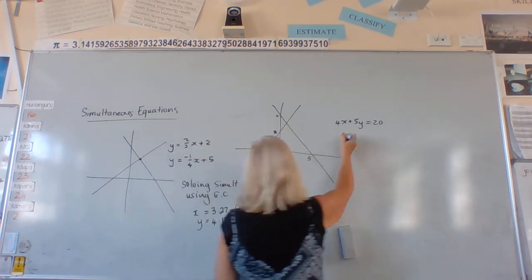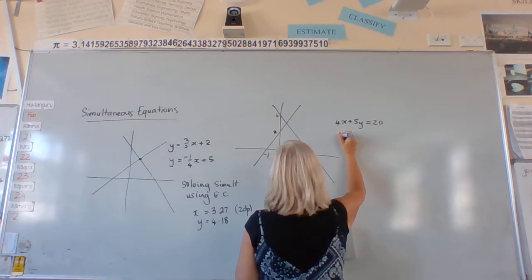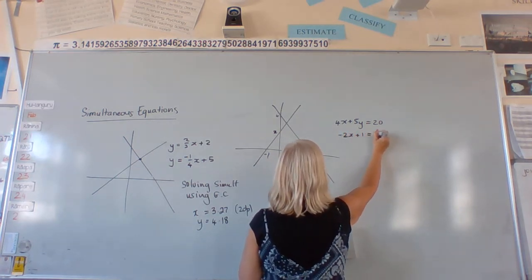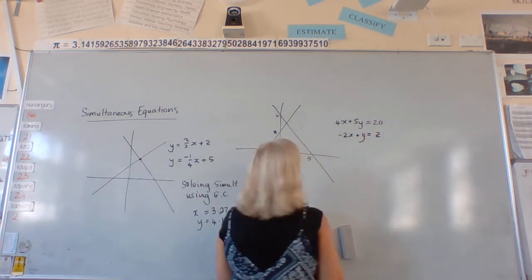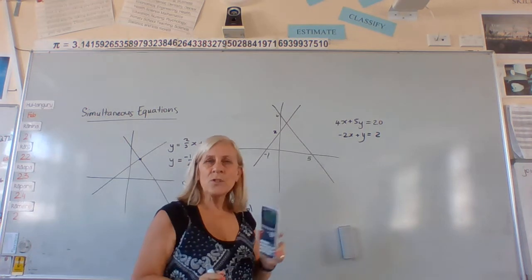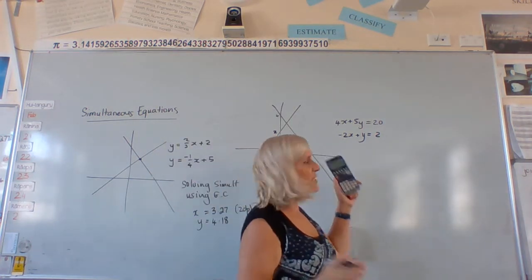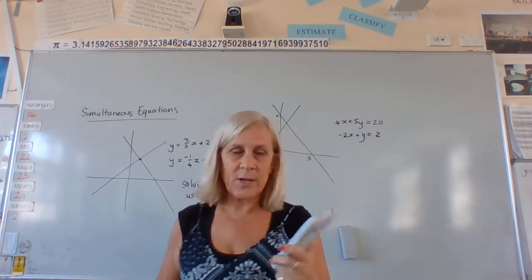So that means that one's going to be a negative, which is an x. So we've got negative 2x plus y equals 2. All right. So if we've got those equations, we can rearrange them to put them into this form and use this way, or we've got another place on our graphics calculator.